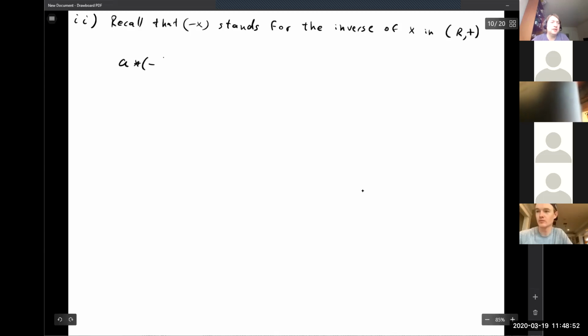So let's look at A multiplied by minus B. Again, we can start with the distributive property.